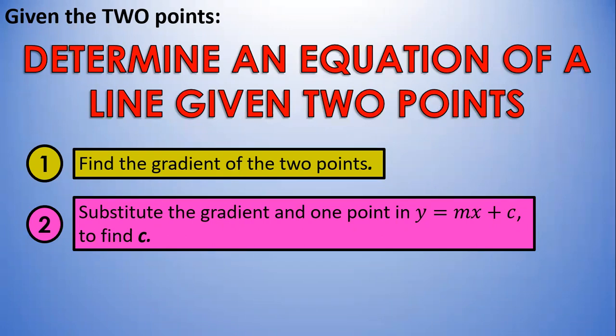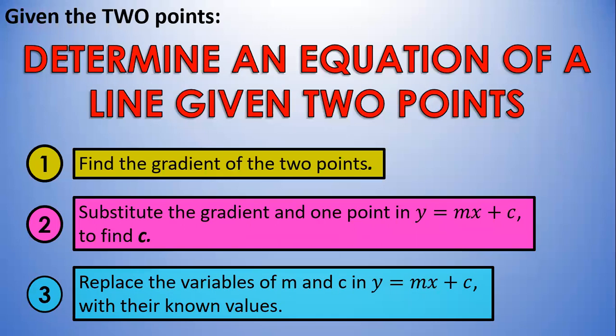After we have found c, we are ready to write our equation. To write the equation, we have to replace the variables of m and c in the equation y is equal to mx plus c with their known values.